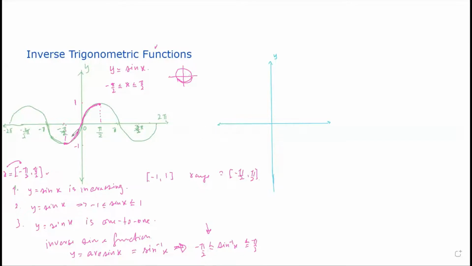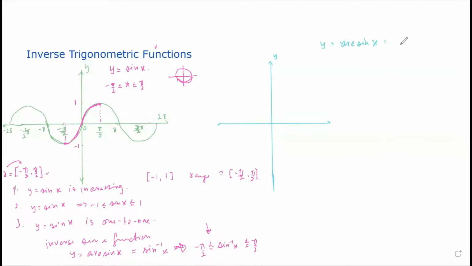How does it look? We already know y equals sine x, so from this one we are going to plot the graph of y equals arc sine x.